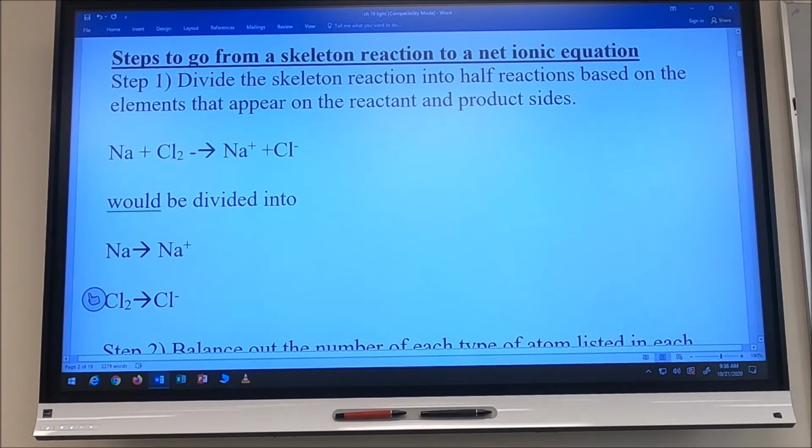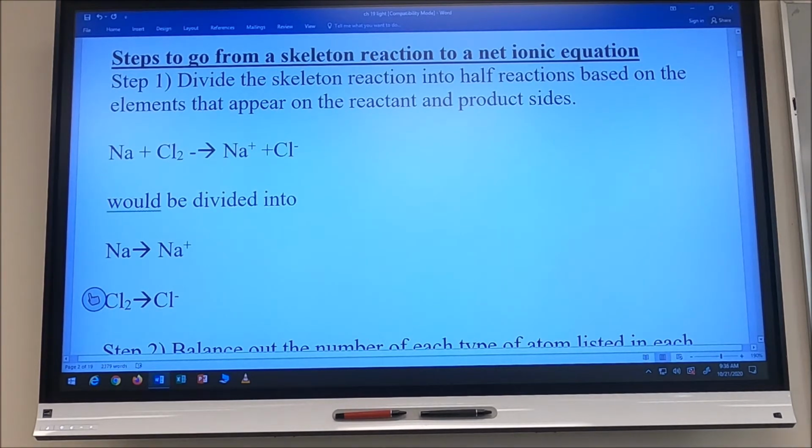The first thing you do is you divide a skeletal reaction up into half reactions based on the elements that appear on the reactant and product side. So if I had sodium plus chlorine going to sodium ions and chloride ions, then I would divide it up into sodium going to sodium ions and chlorine going to chloride ions.